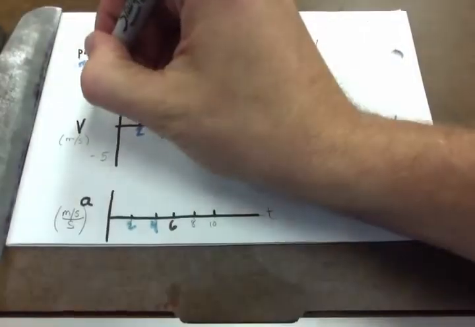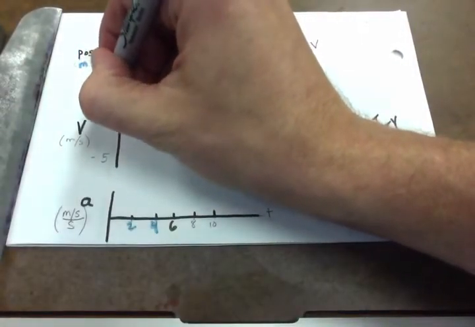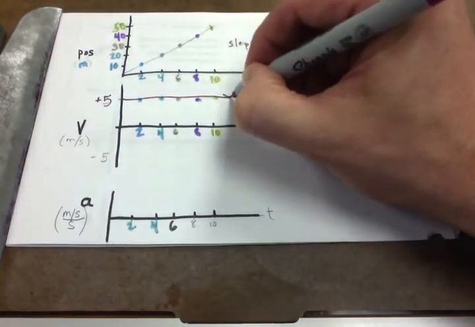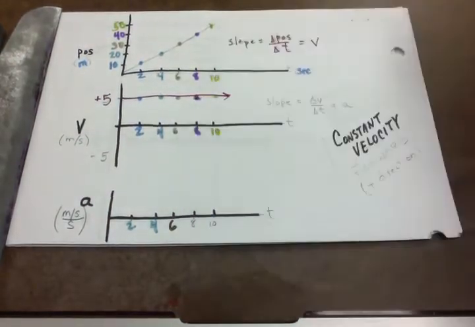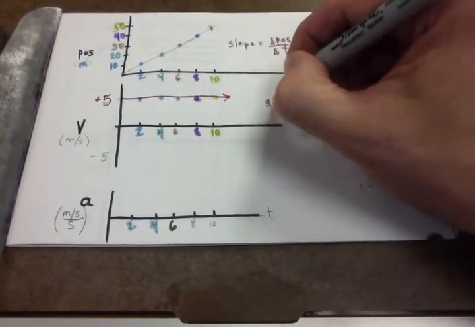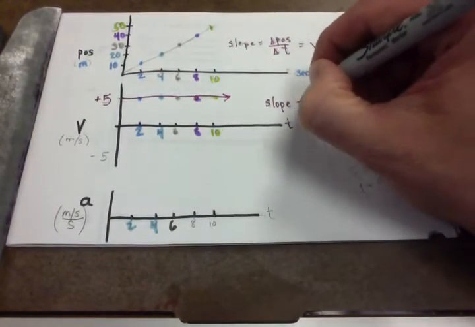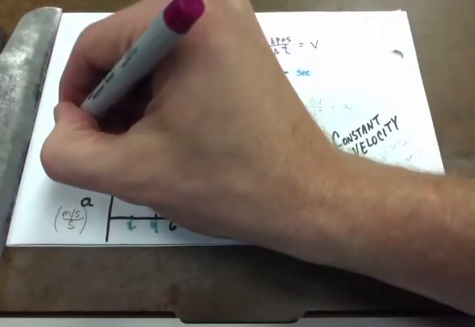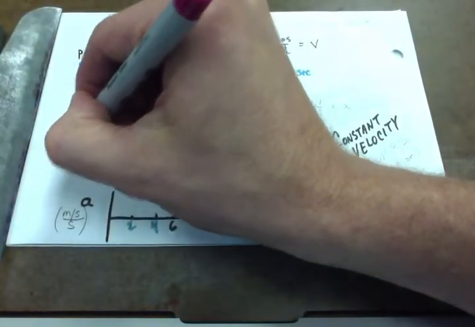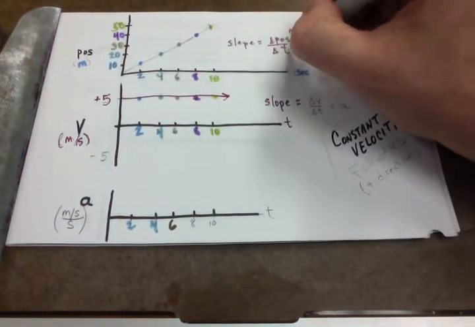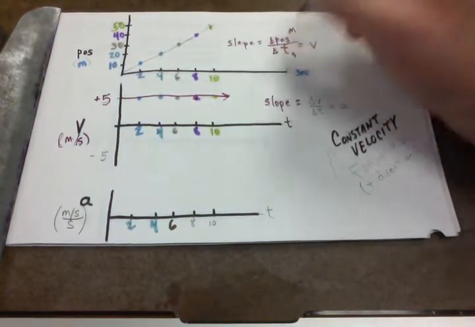So the reason it's constant velocity is that the slope of our position timeline is constant, which really means our velocity is constant. And so keep thinking of these in terms of slopes. So here on our VT graph, we were graphing the meters per second.